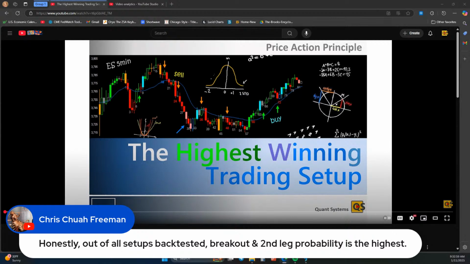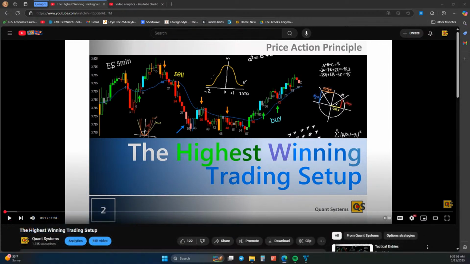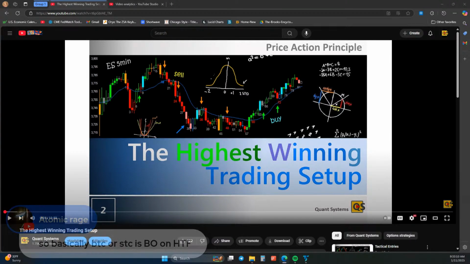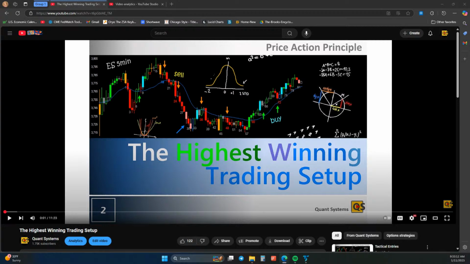I'm sure all of you can guess what the trade is. So basically buy the close, sell the close, breakout on a higher time frame. No, that's not exactly what I'm saying. What I'm saying is that buy the close and sell the close is a breakout.